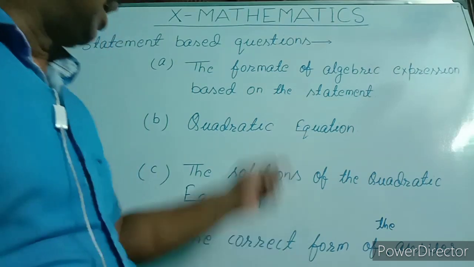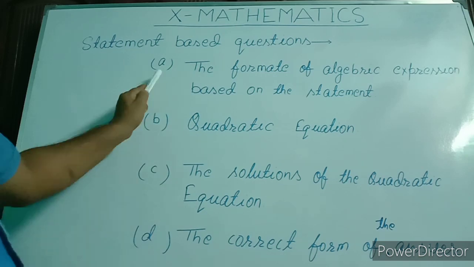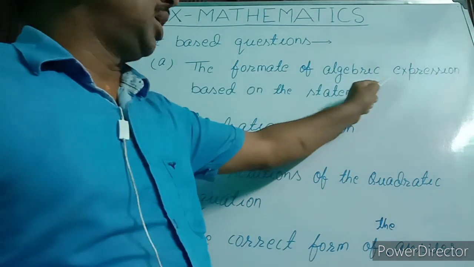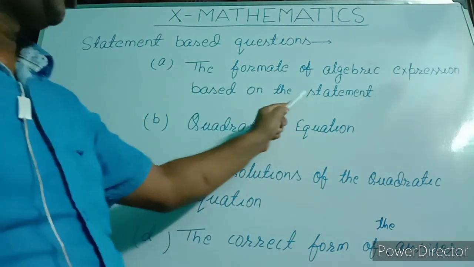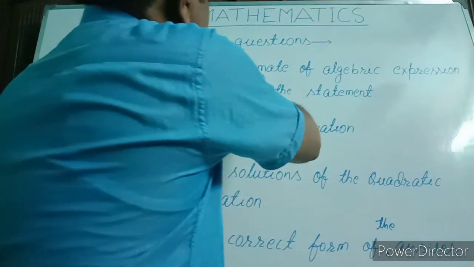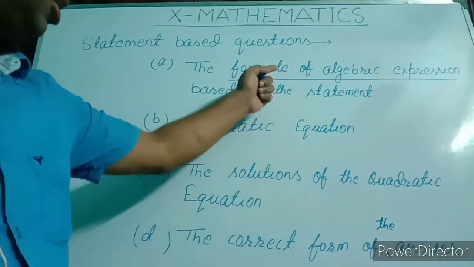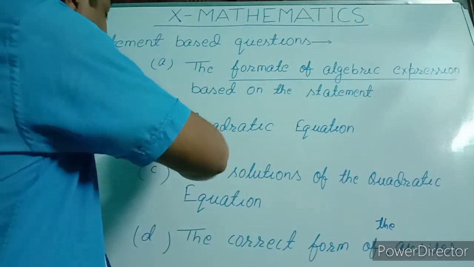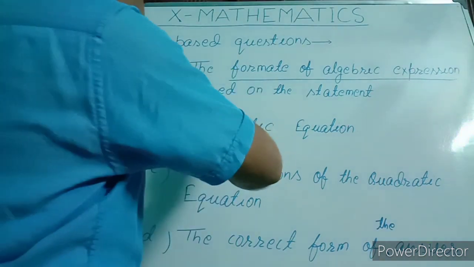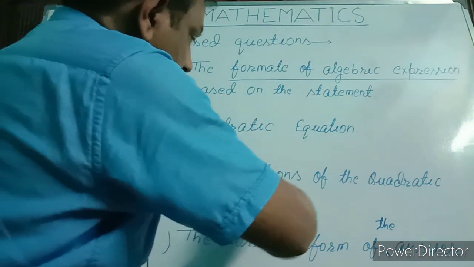So finally, I divided the statement based questions into four parts. A, the format of the algebraic expression based on the statement. This format should be absolutely correct, because this will give us the quadratic equation. After getting this quadratic equation, we solve it.